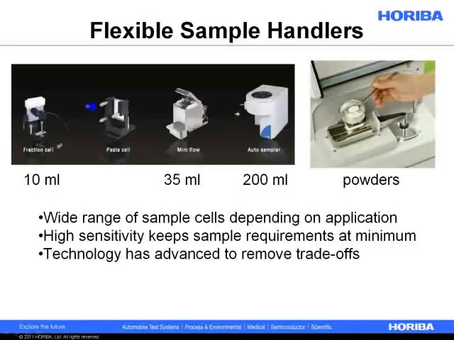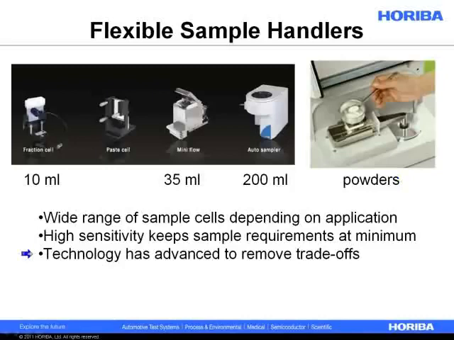If you had many different types of materials or just a very high volume of material, you might run it on some sort of auto sampler or slurry sampler. Or if you had a powder, you might run it on a powder accessory. For the LA950, we call ours the powder jet. You just put the powder directly on the chute, it introduces it into the measurement zone, and you get your measurement. Very straightforward.